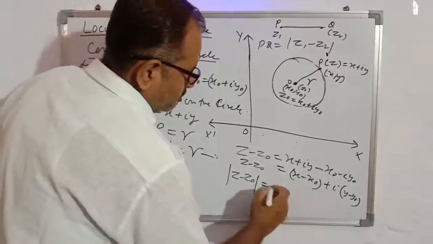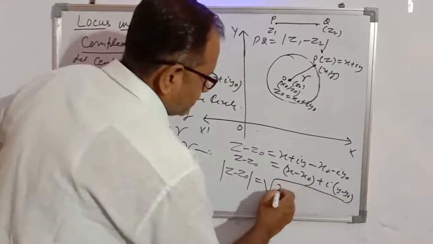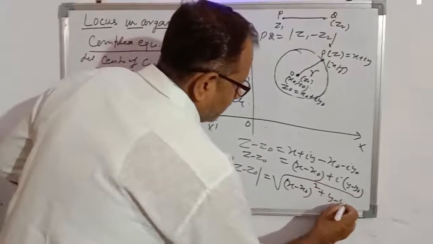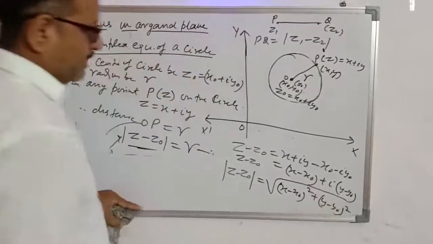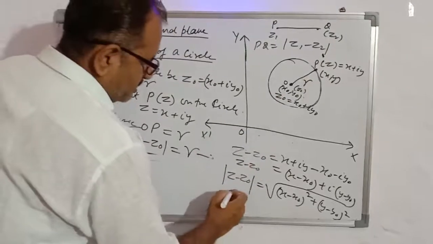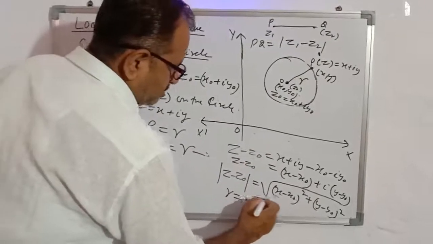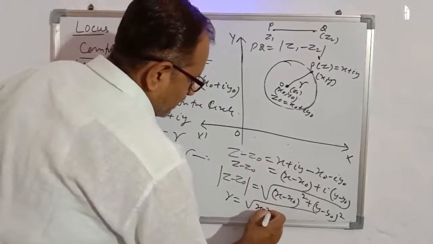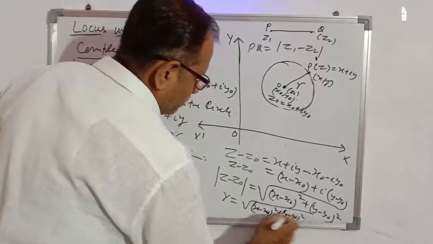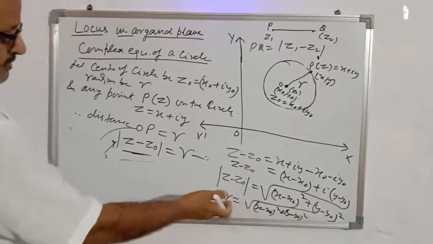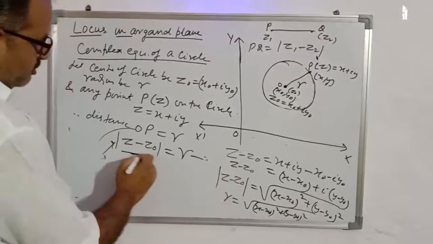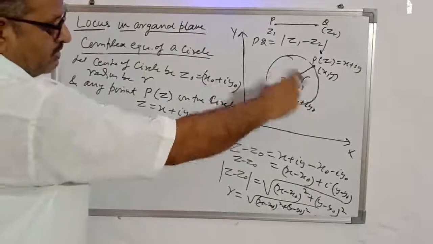Mod of z minus z0 will be under root of (x minus x0) whole square plus (y minus y0) whole square. And mod of z minus z0 is r. So r is equal to that square root. Squaring on both sides, we will get the equation of a circle. It means mod z minus z0 is equal to r. This represents the equation of a circle.